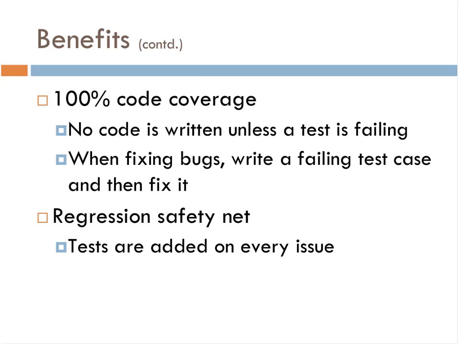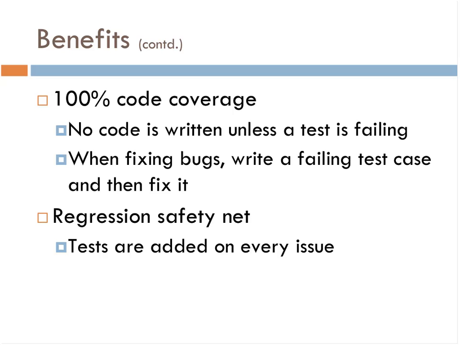It's also a regression safety net. It helps a lot in minimizing regression. How? Let's take the earlier example where you had a defect and you have now done the fix. The one test which you wrote, which failed because of that bug, has now passed. But then you have a whole suite of tests running, and that suite will identify whether any other functionality has been broken by your new code change.